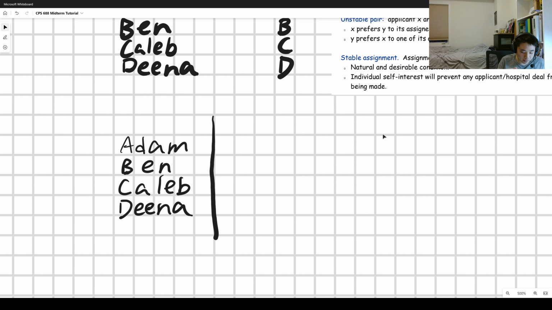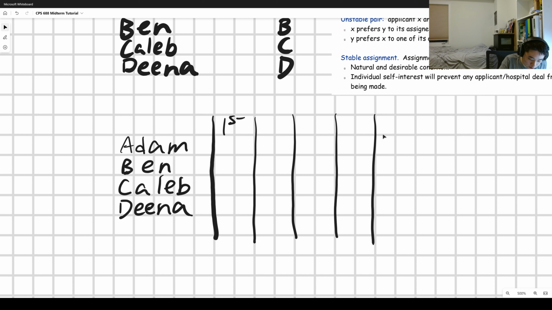Okay, and I'm going to list out the first, second, third, and fourth choices. So for the first choice, Adam prefers B, and then Ben prefers C. I prefer A, and Dina prefers C as well. And then I'll do the same for second, third, and fourth preferences.